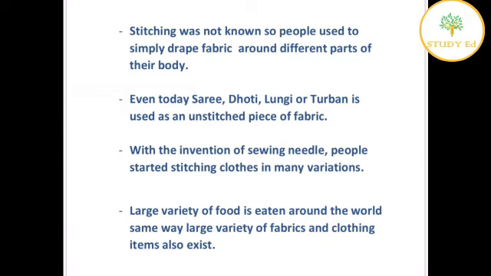After some time, with the invention of the sewing needle, people started stitching clothes in many variations. As we know, a large variety of food is eaten around the country. Similarly, many varieties of fabrics and clothing items also exist in our country.